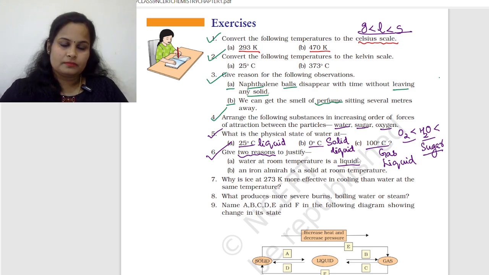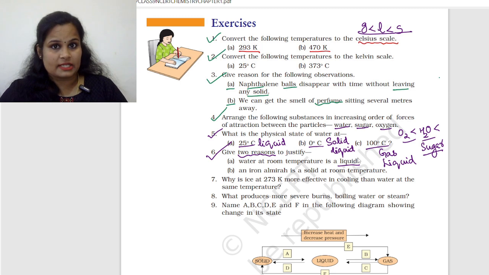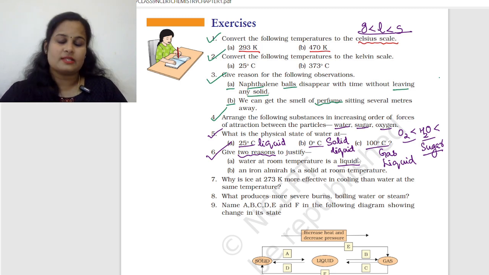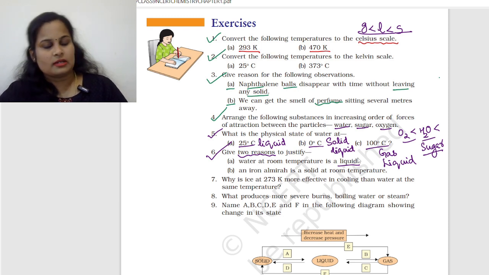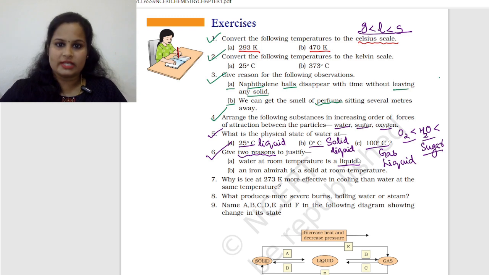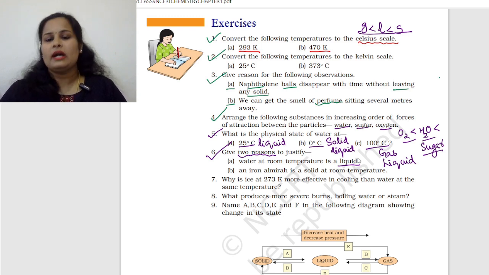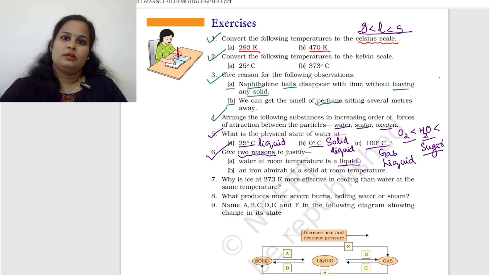And the freezing point of water is 0 degrees Celsius. So these can be considered two reasons to justify that water at normal temperature is liquid.